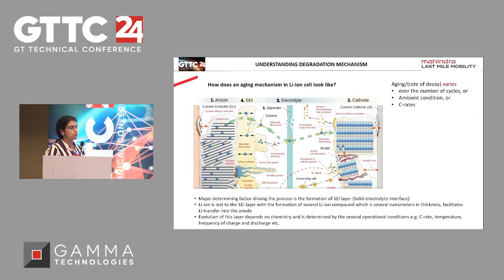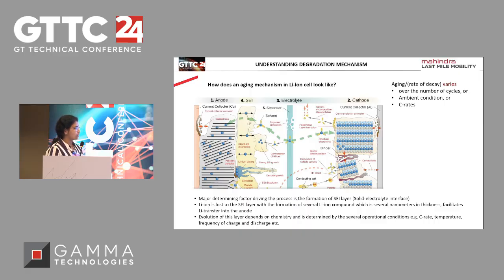But one of the things that we have learned for sure is the SEI formation. On the anode side there is always this solid electrolyte interface formation that takes place. That is obviously a very important part for the performance of the cell, but it also takes part in bringing about the degradation as the cell runs for several cycles, or even if the cell is not utilized for a long time.